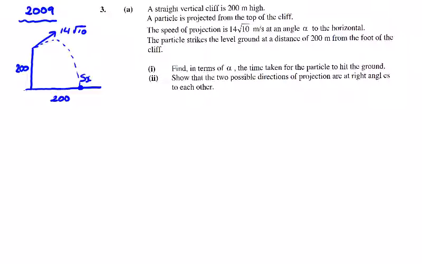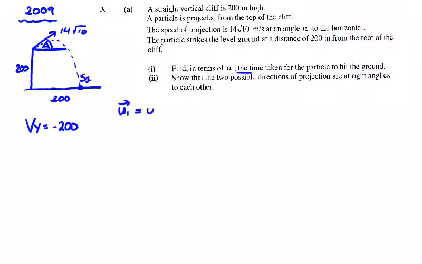Find in terms of alpha the time taken to hit the ground. So it's projected here, this alpha is in here. We need the velocity of y being equal to minus 200 for the time taken to get there. So we'll look at my initial vector.